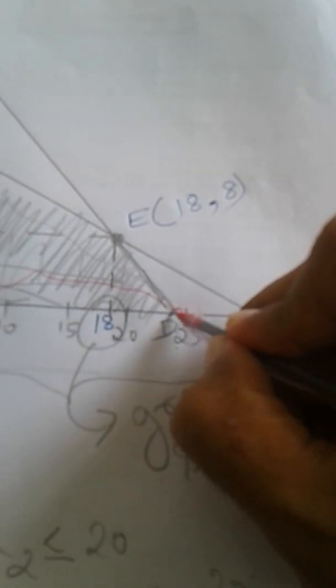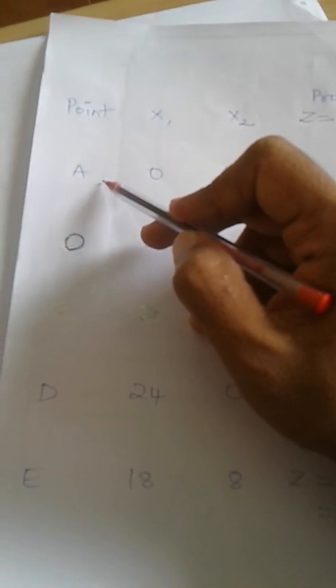Now from this, we only consider the border points. Border points are D, E, A and O. So that is the reason this particular table is being developed. What it says is A, O, D and E. Only 4 points are being considered which were on the border.